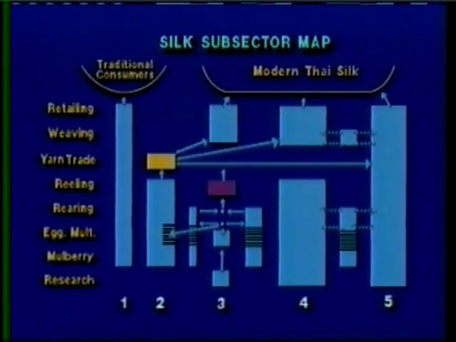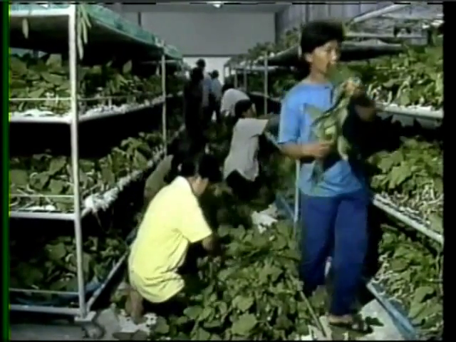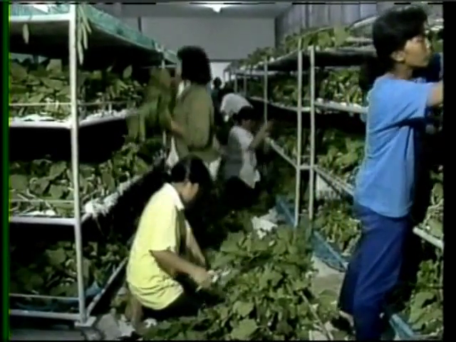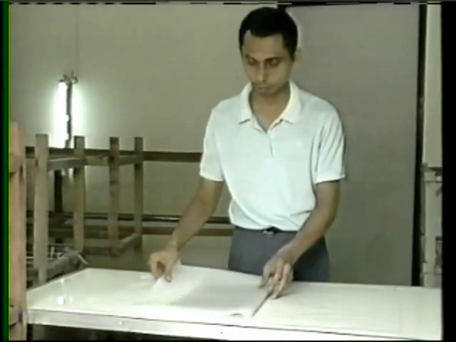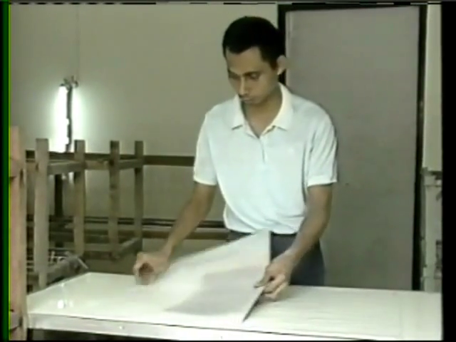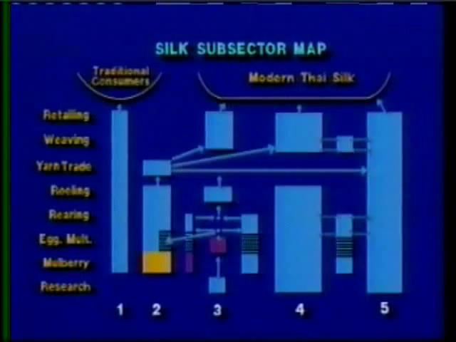Villagers who wish to cross either of these two bridges must overcome three key constraints. First, they must at least double mulberry output to begin rearing hybrid silkworms. Second, they need access to egg sheets, yet the DOAE can supply only a fraction of total demand.